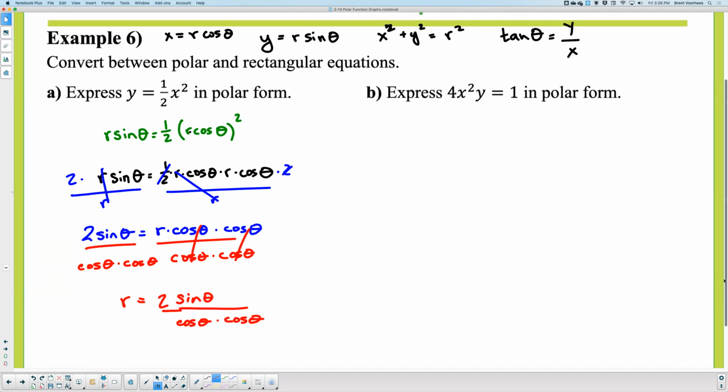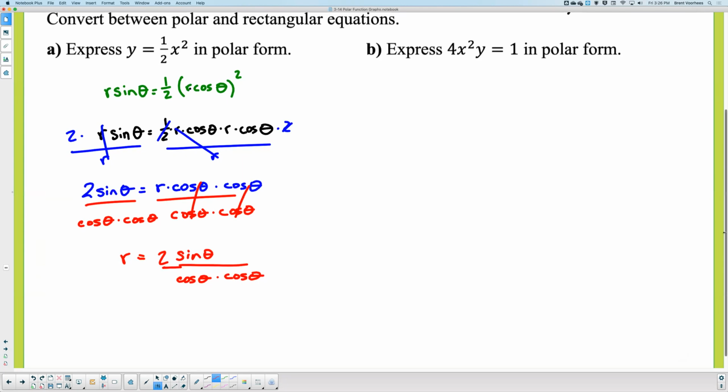Now, why do I write it this way? Because according to the quotient identity, a sine divided by a cosine is tangent. That's going to be a tangent. And then dividing by a cosine, according to the reciprocal identities, is the same as mathematically multiplying by a secant.